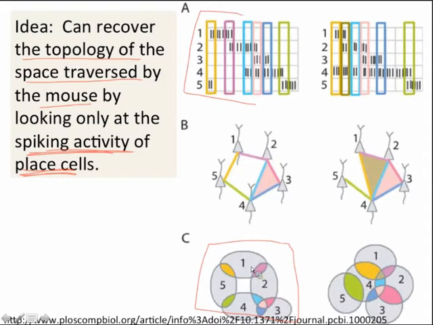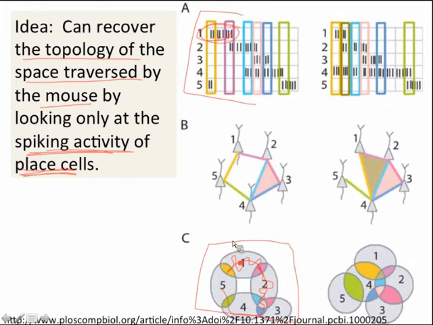So they knew exactly where the mouse was when they got this spiking information. This point in time might correspond to that point. And so they knew the path that the mouse took, and it probably meandered a little bit. Mice don't always go in just one direction, but they knew the path.